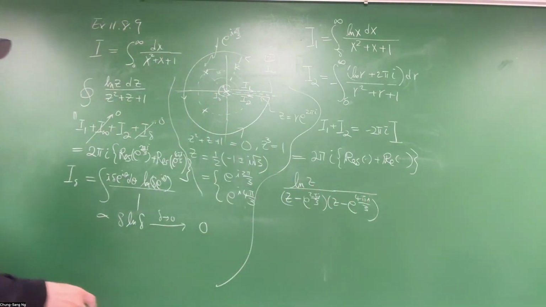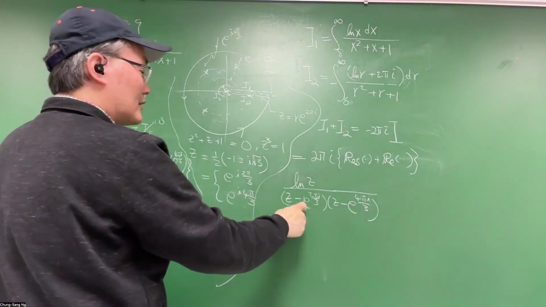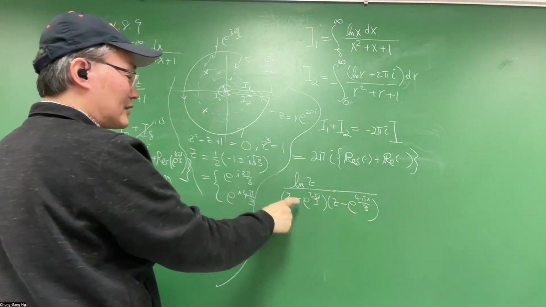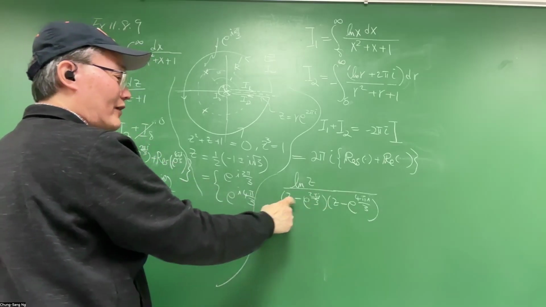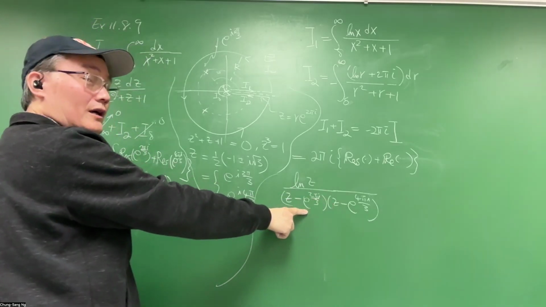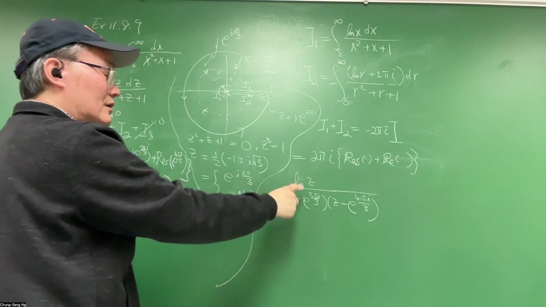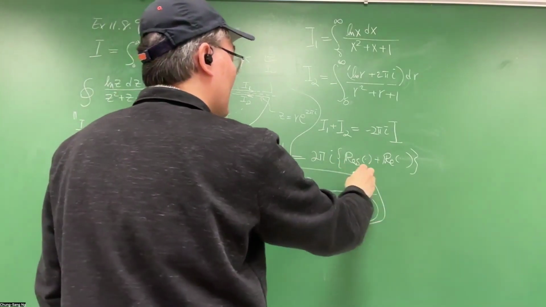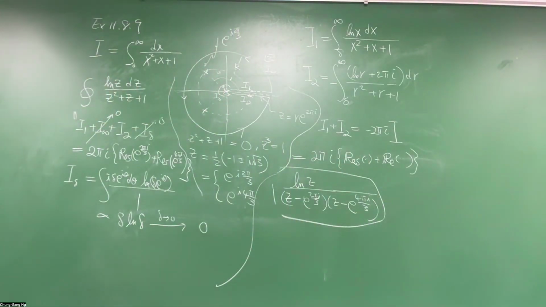This is the function that we want to pick the residues from. There are two poles, and both are simple. So for the first one, you multiply by this factor and evaluate z at this pole, right?